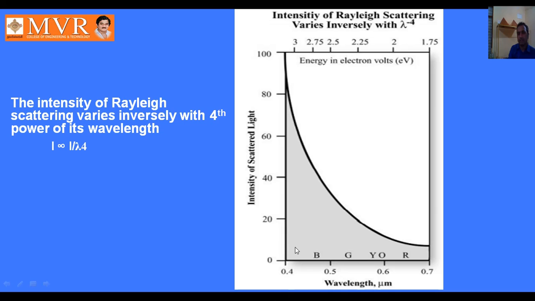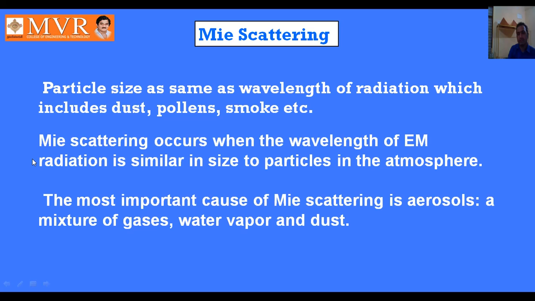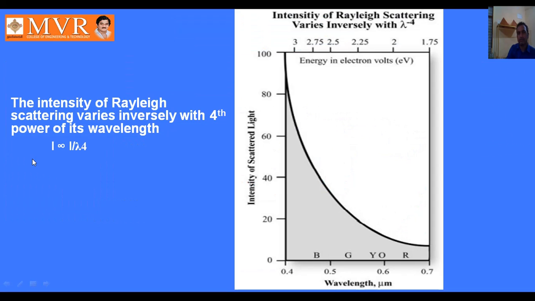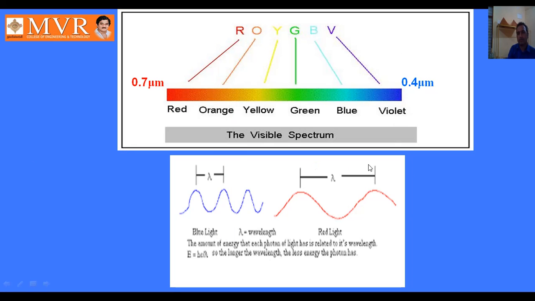So when the wavelength is less, I is more. Where is the less wavelength? Less wavelength is violet and blue. Blue has a short wavelength, so scattering is very high.